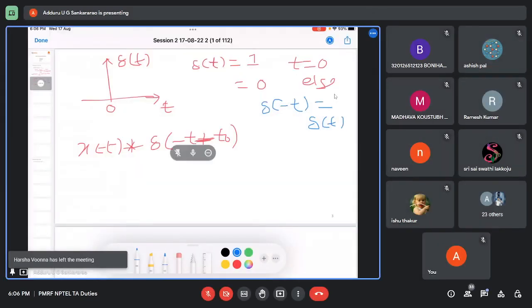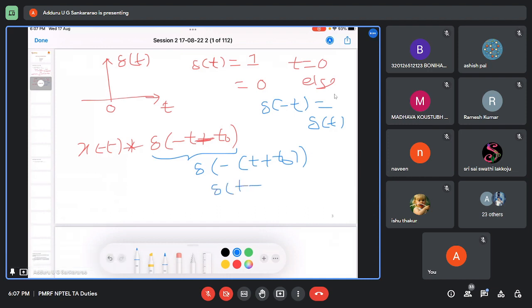We can take the minus common, and because del is an even function, this is equal to del of t plus t naught. So the given problem is now x of minus tau convolved with del of t plus t naught.